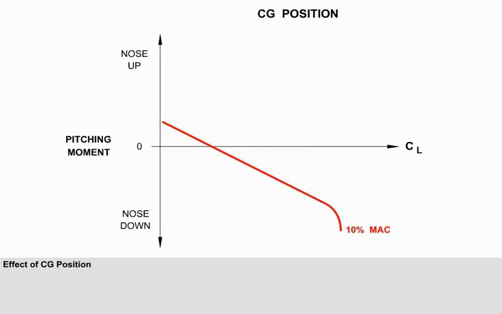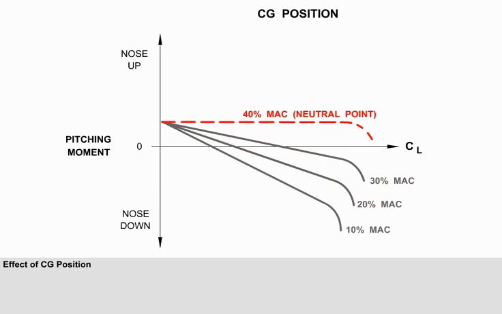We can use the graph to show the effect of CG position on longitudinal static stability. With the CG at 10% MAC, the aircraft is stable. The aircraft is less stable with the CG at 20%, and even less stable with the CG at 30%. 40% MAC is the neutral point.